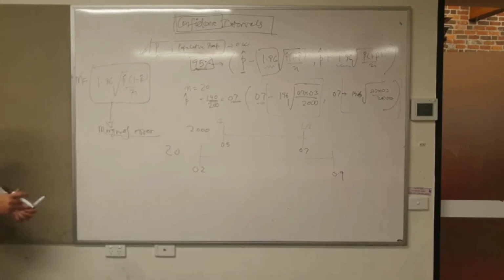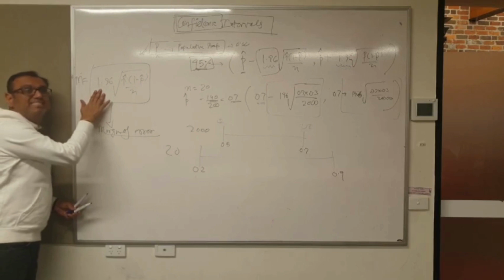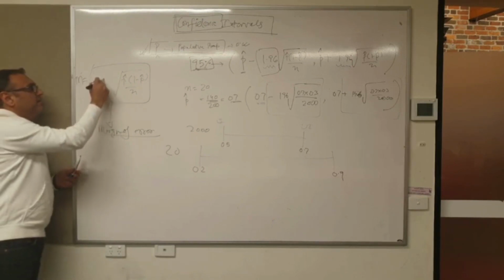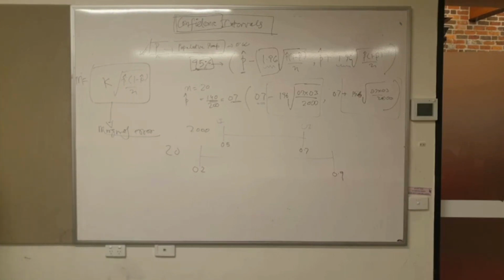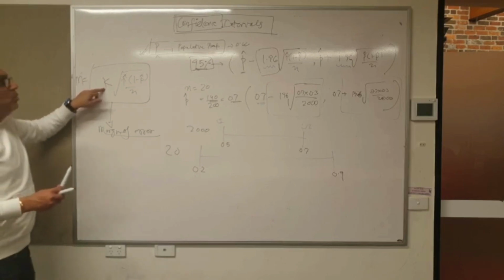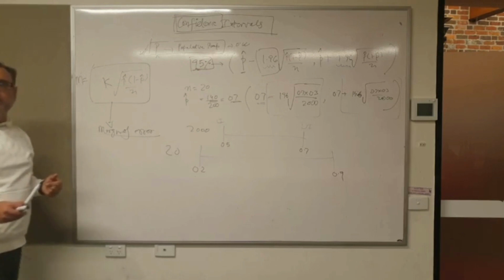All good? Now, this is 1.96, but that's for 95%. I just replace it by k. Your k could be any real number, right? So this k is decided based on what is the percentage of confidence that you're after.